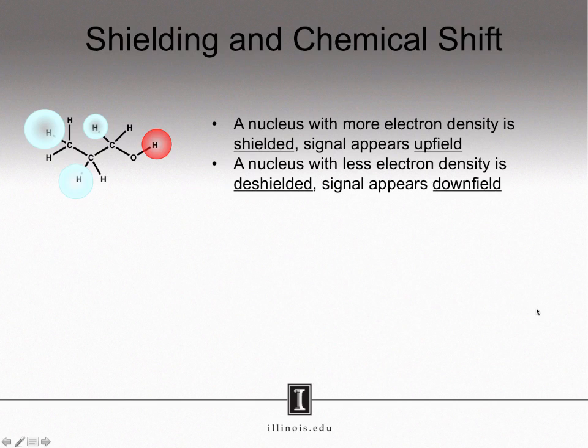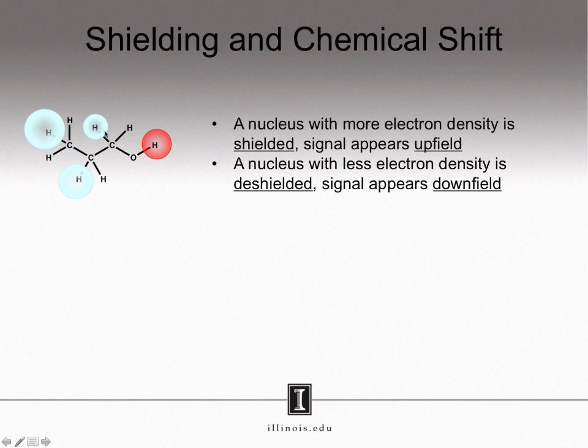In contrast, a nucleus with less electron density is deshielded, and will therefore appear downfield. Let us look at 1-propanol here on the left. Let us consider this proton here in blue. Is this proton shielded or deshielded? Remember, if you are shielded, you have more electron density. How much electron density does this proton have?